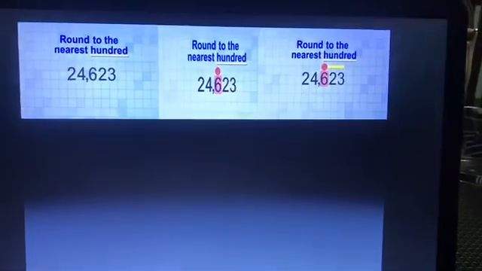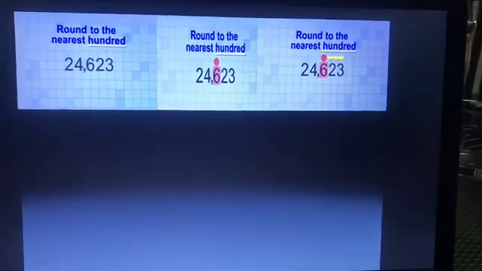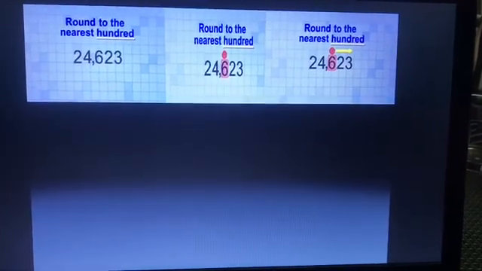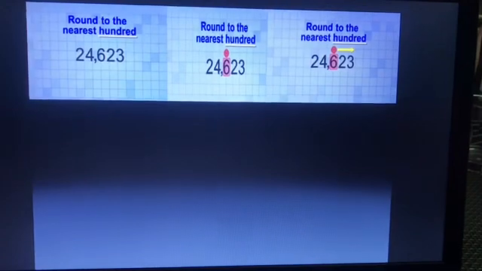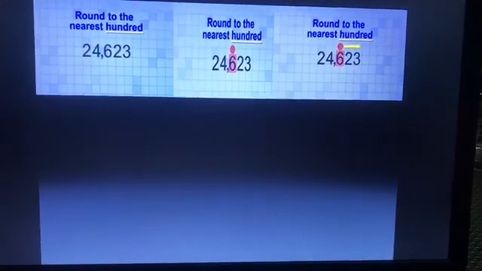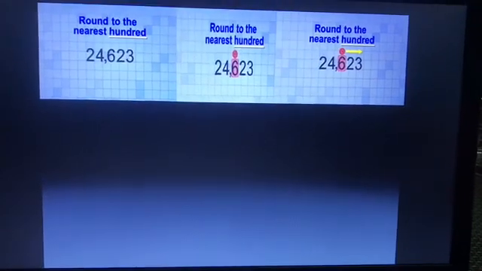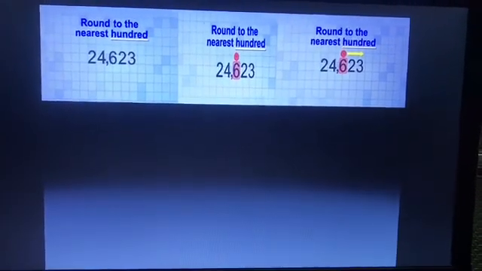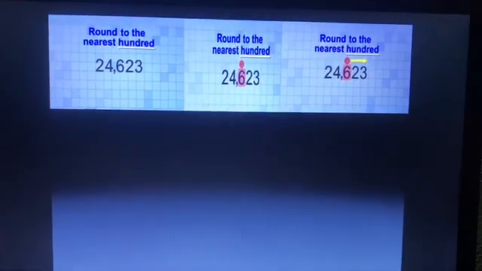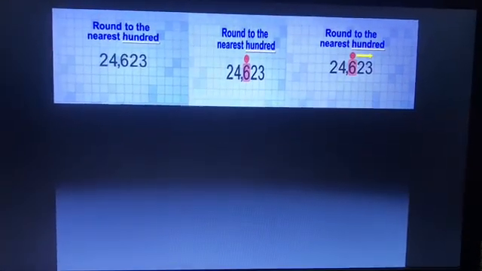Now the next step is to check the digit to the right of 6 and to make the remaining digits 0. That is, 2 and 3 will become 0. But before becoming 0, 2 has to decide whether 6 will get 1 or it will not get 1.